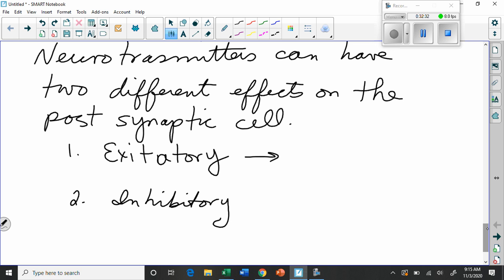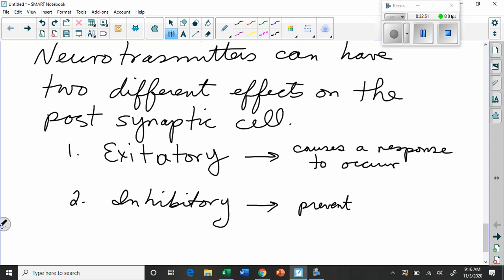So let's put, causes a response to occur. And then the inhibitory one would prevent a response from occurring. Now, those are kind of vague definitions, right?